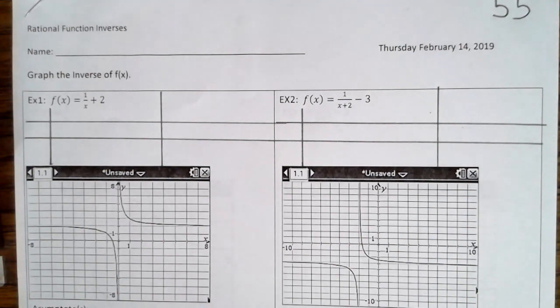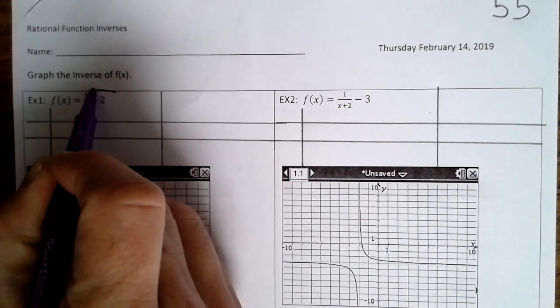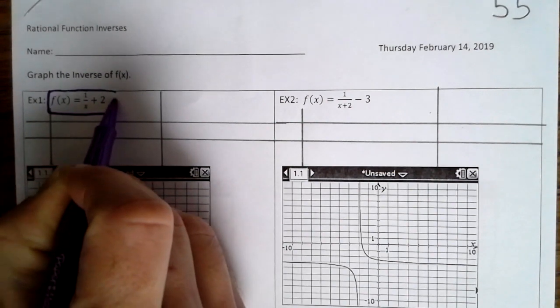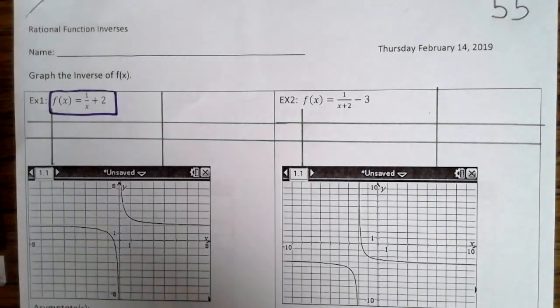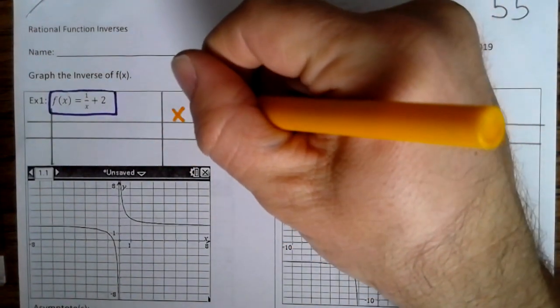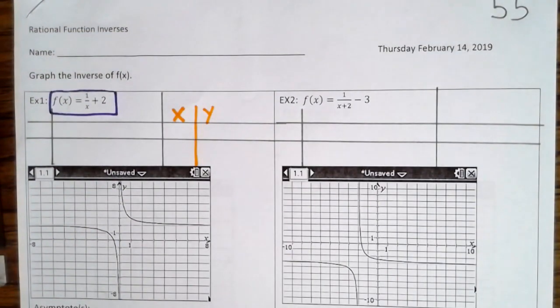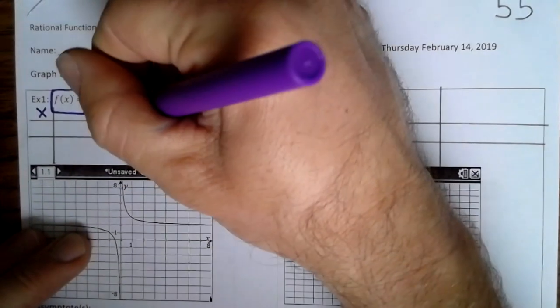Okay, so I'm going to do the function in purple. Okay, and I'll do the inverse in yellow. Okay, so we have x and f of x.